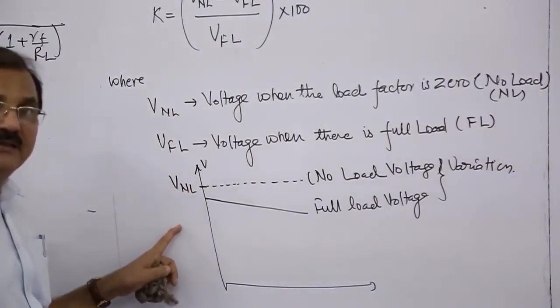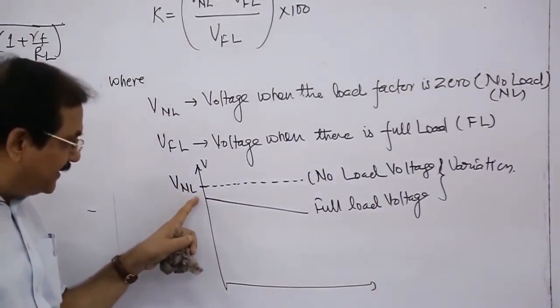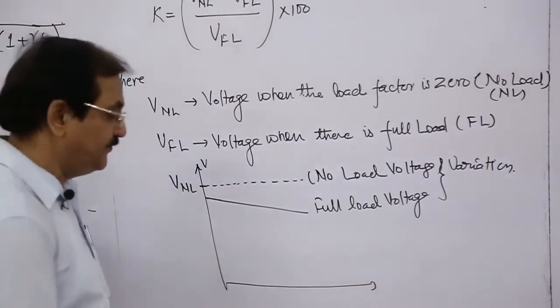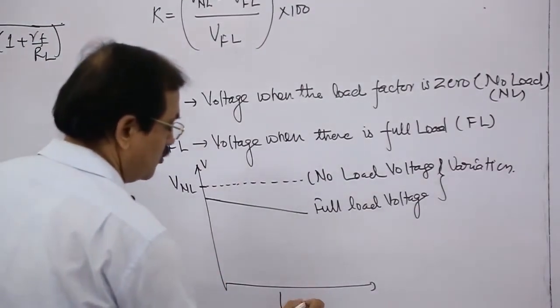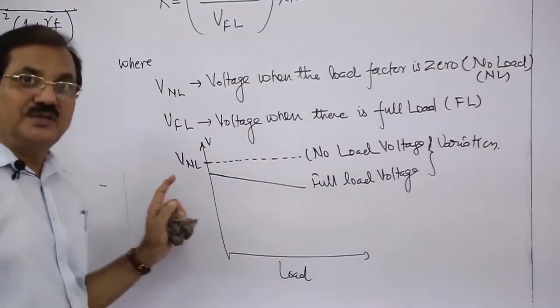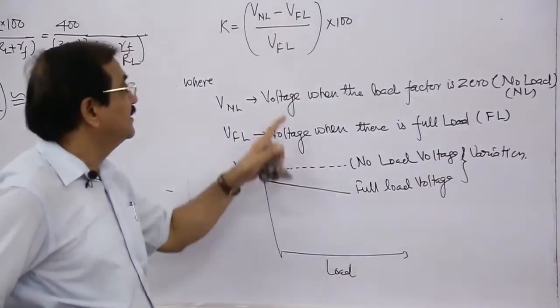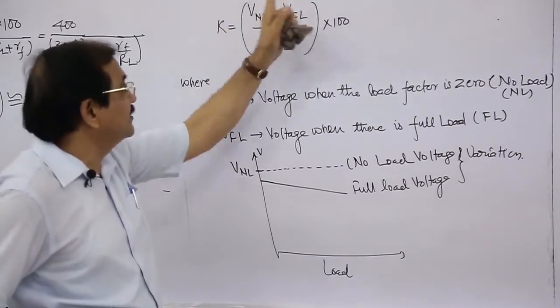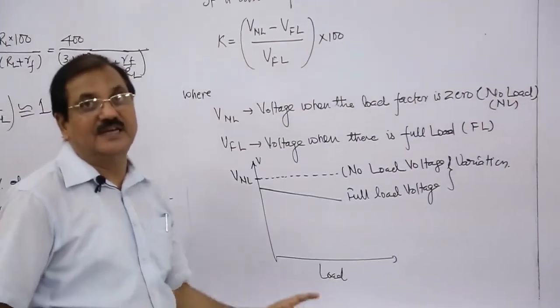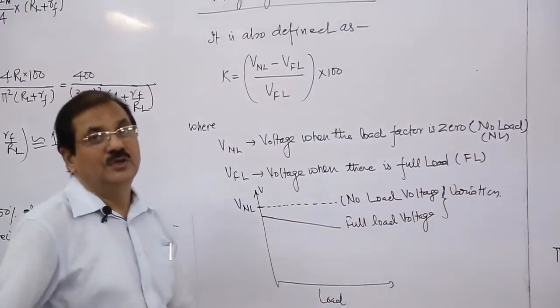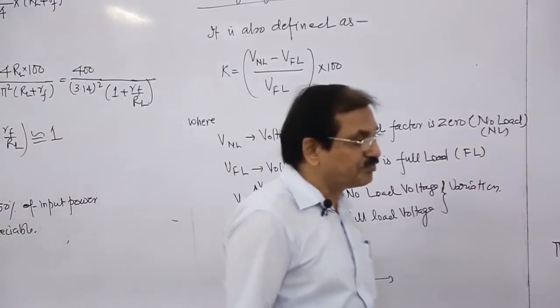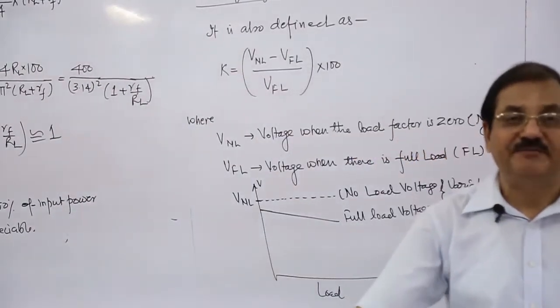So, what does it mean? This means that if you increase the load, then VL will decrease. This VL decrease, the voltage regulation factor is defined in this sense. So, this is about the half wave rectifier.